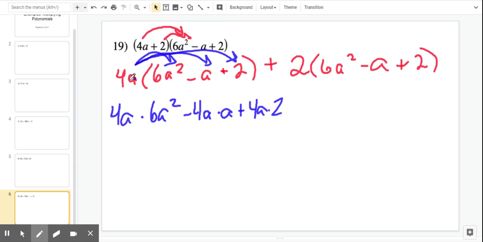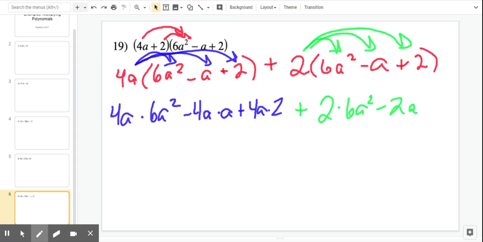So that's just taking this 4a and distributing it to everything in here. And then for the second one, I'm going to take this 2 and distribute it to everything in here. So we have plus 2 times 6a squared minus 2 times a plus 2 times 2.